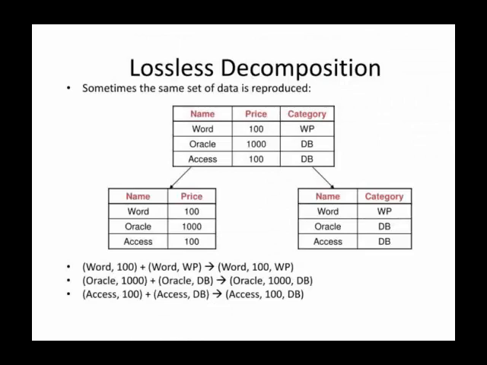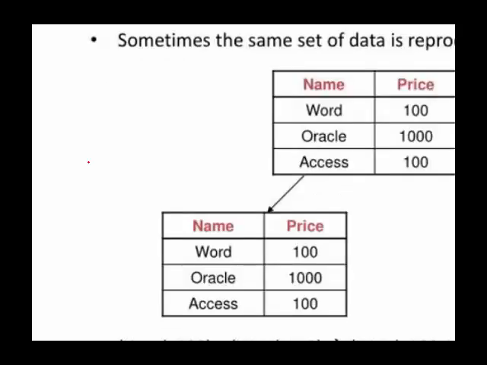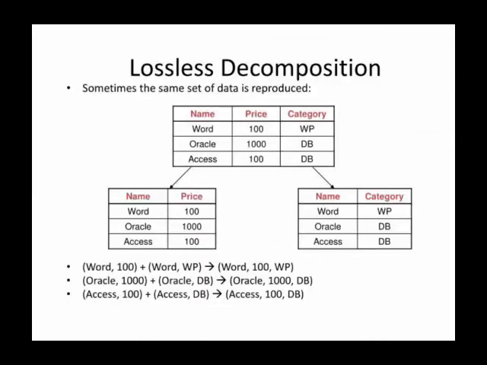In the first table we have the name and price attributes. And in the second table, we have the name and category attributes. We can see there is a same attribute in each table.